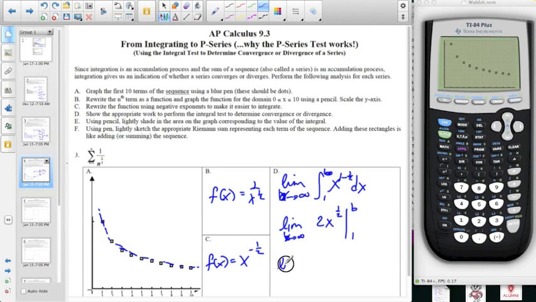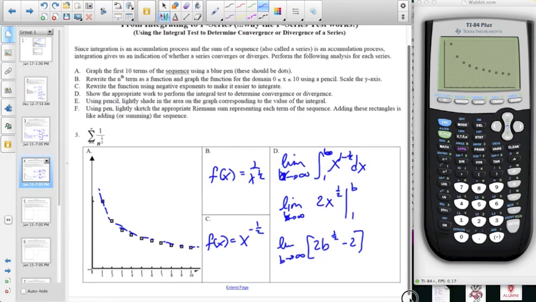And so we're talking about the limit as b goes to infinity of 2b to the 1/2 minus 1 to the 1/2 is 1, so minus 2. As we plug in infinity, we still get an infinite value here. So the value of this area is still infinity, and so we still have a divergent series here.